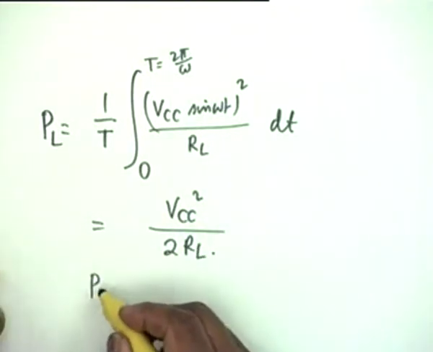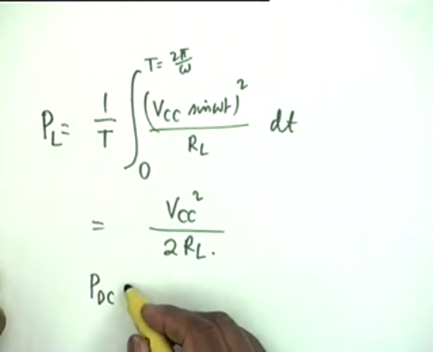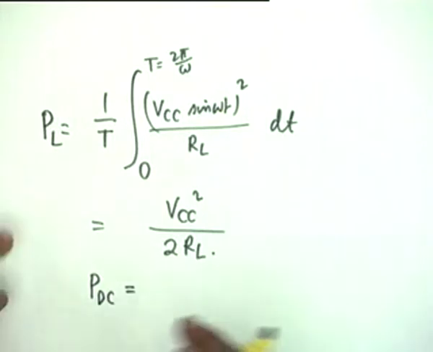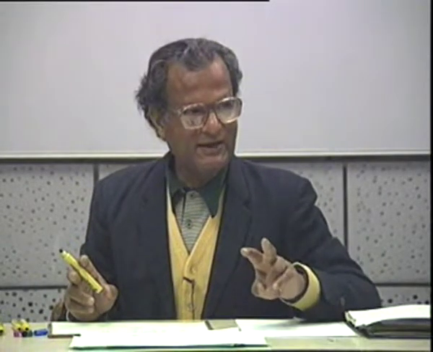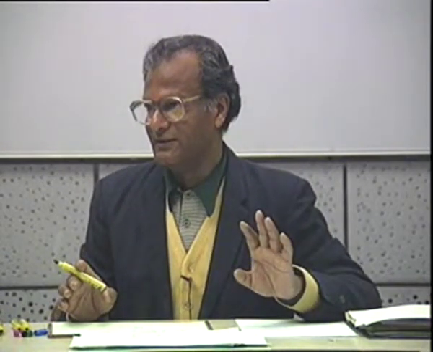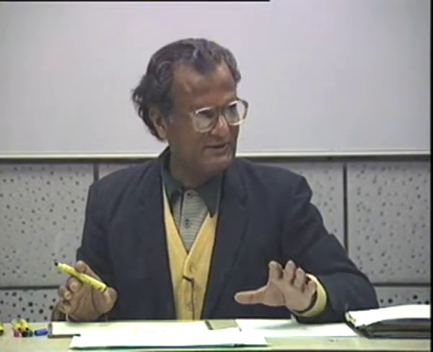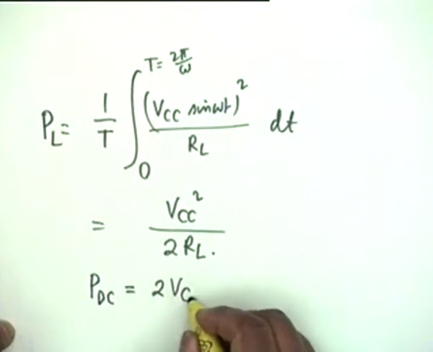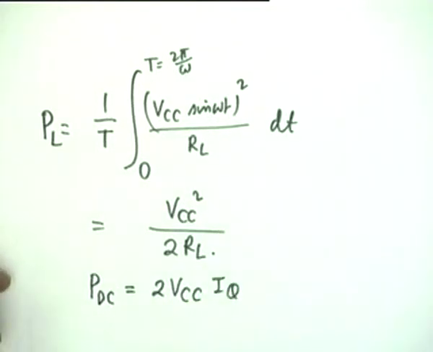Now, what is the DC power supplied by the source? The effective source is twice VCC, and the quiescent current is IQ. We are ignoring all base currents. The average current, the DC flowing through the Q1, Q3 combination is IQ. So PDC must be twice VCC IQ.